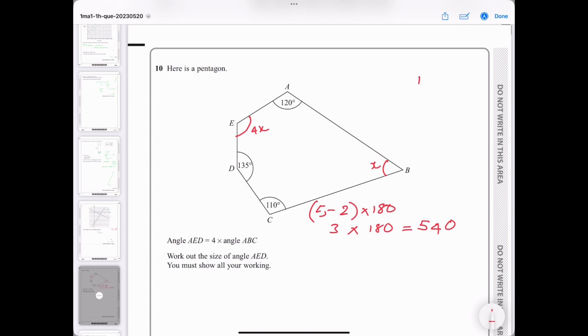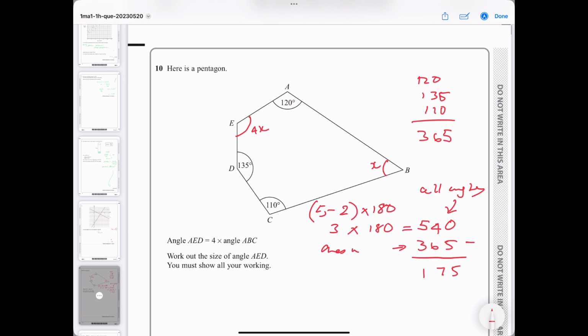Now we do 120 plus 135 plus 110. That's 365. So we take 365 away from 540, which gives us 175. So all angles would be 540, and those are the ones we know.